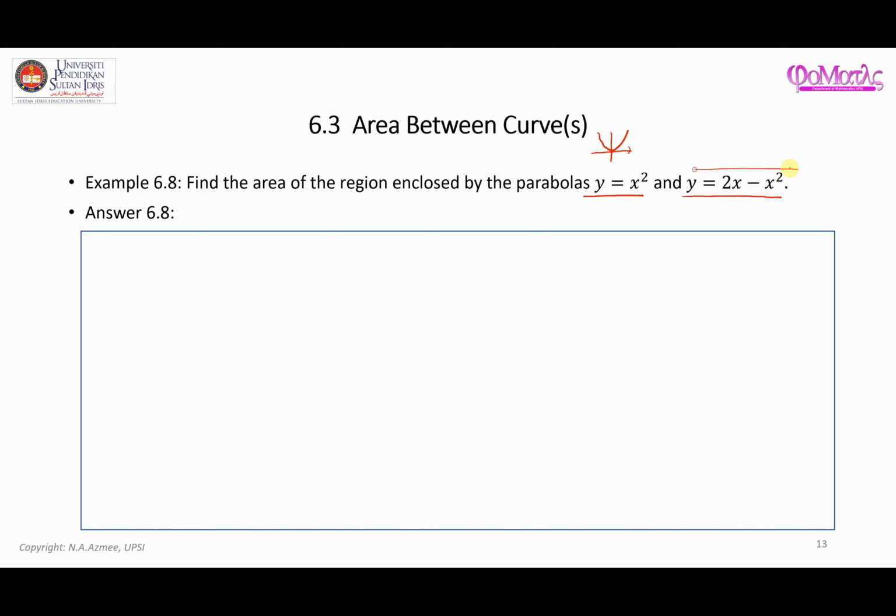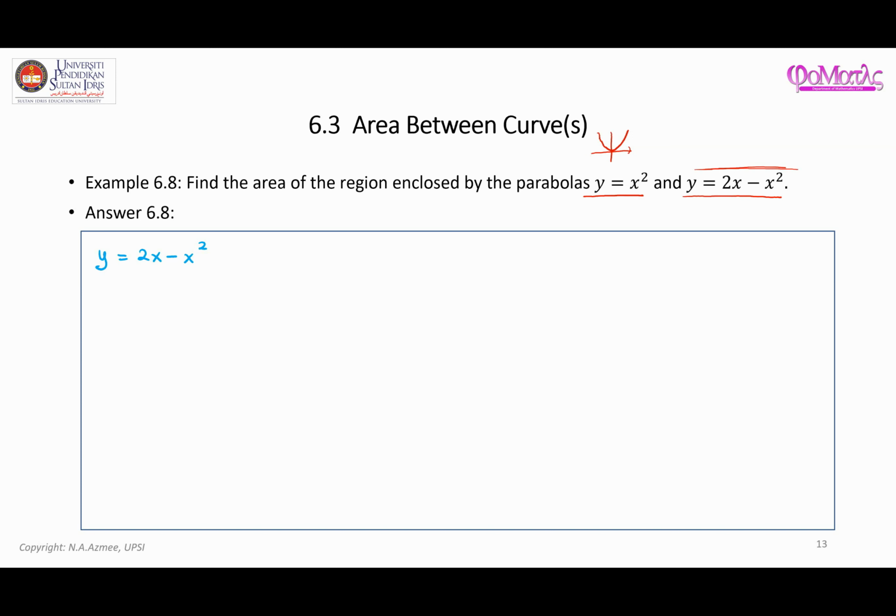But for this one, it requires a bit of work in order to sketch the graph. So I'm just going to roughly explain the idea on how we can sketch this function. What we have is y is equal to 2x minus x squared.